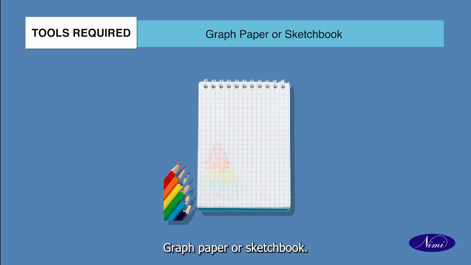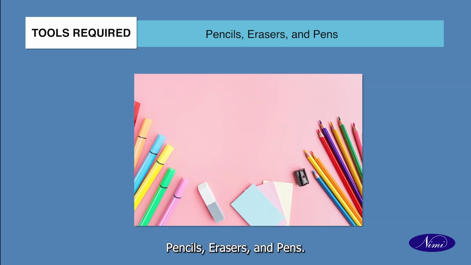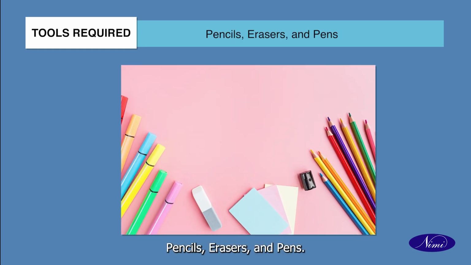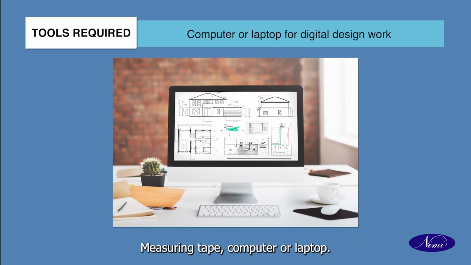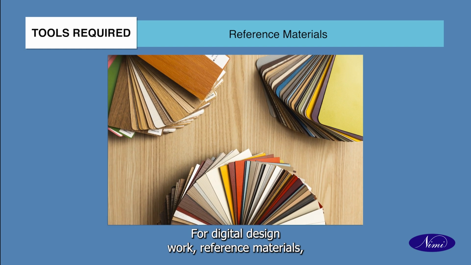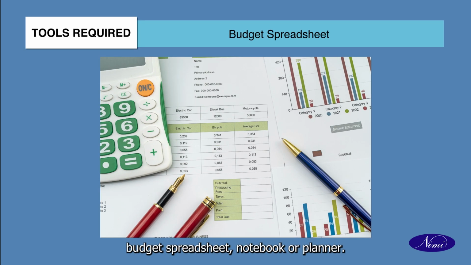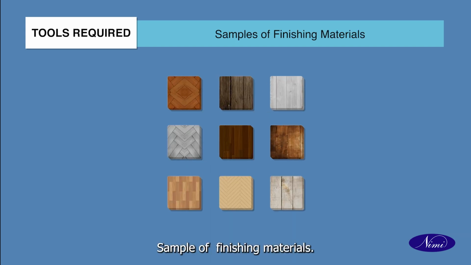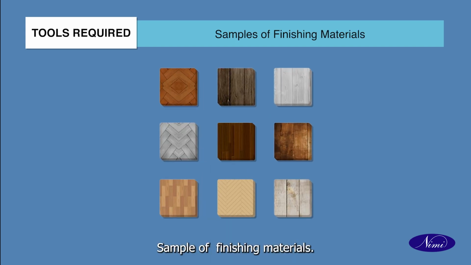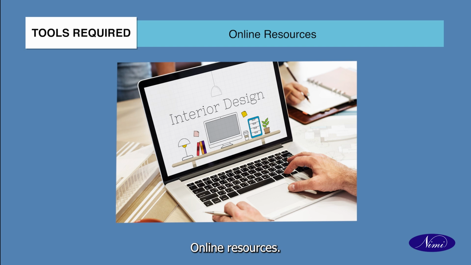Graph paper or sketchbook, pencils, erasers, and pens. Measuring tape, computer or laptop for digital design work, reference materials, budget spreadsheet, notebook or planner, samples of finishing materials, online resources.